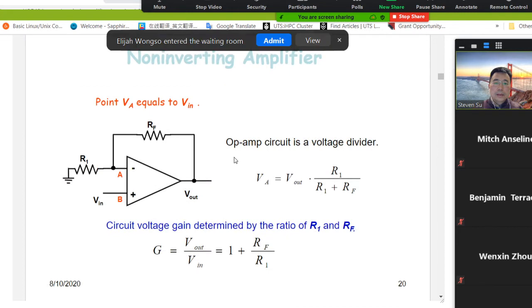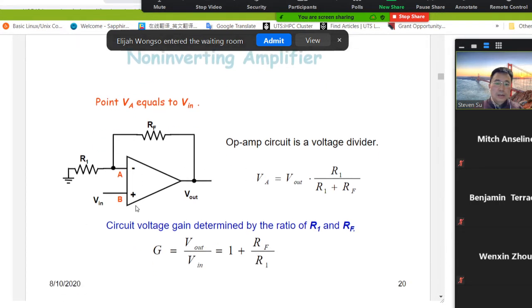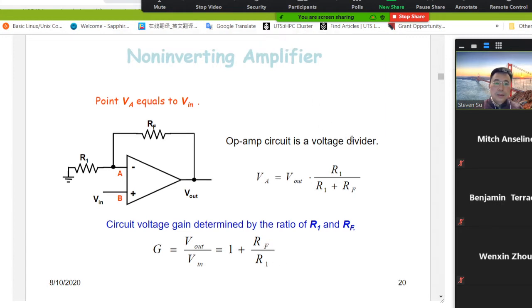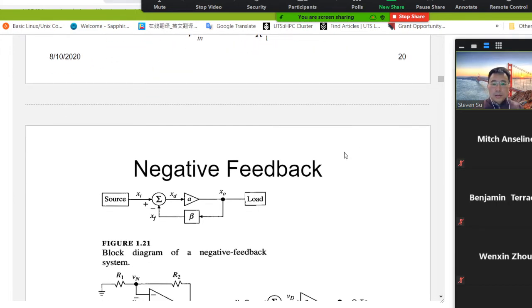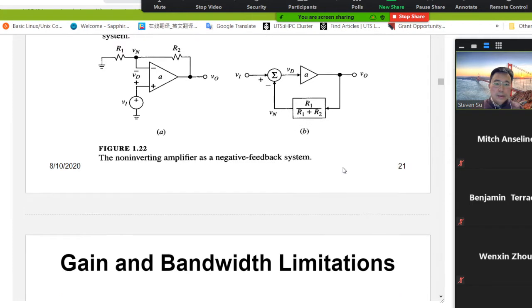The next one is the non-inverting amplifier. Can you remember this one? Why is it called non-inverting? Because the input V in is at the positive side, and the gain is 1 plus RF over R1. This can also be analyzed using negative feedback.